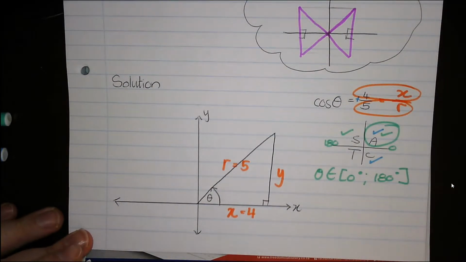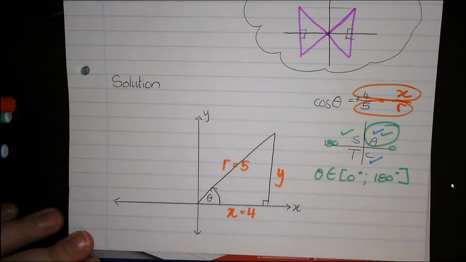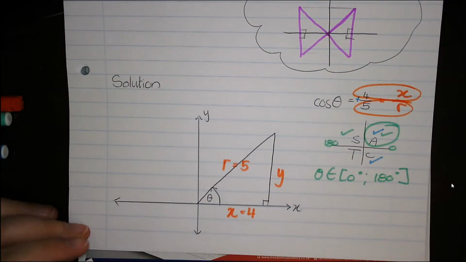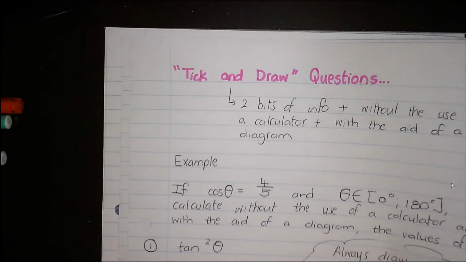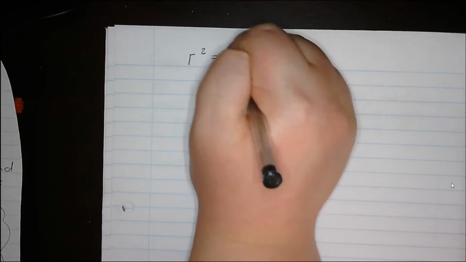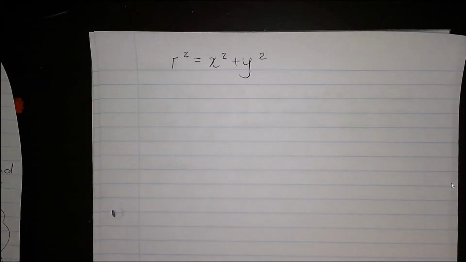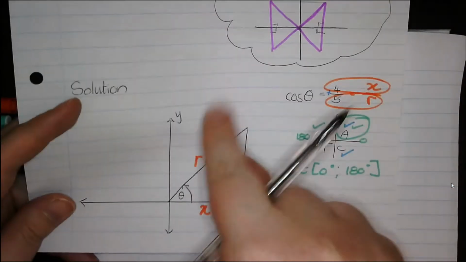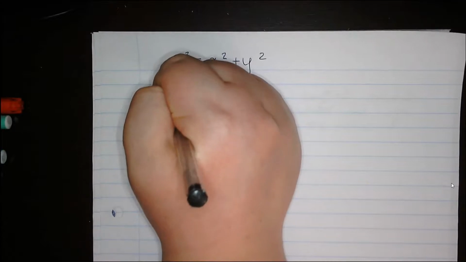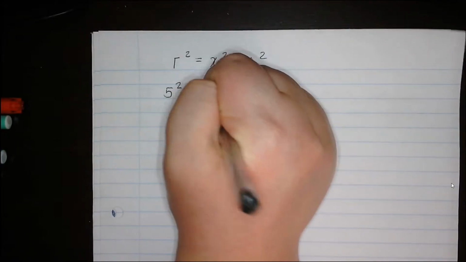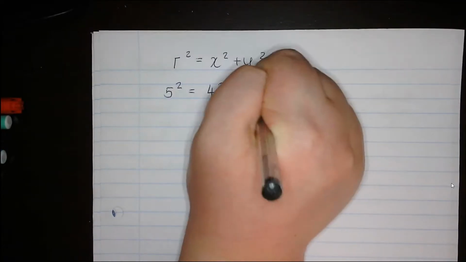Now we just want to work out y. If you don't know these questions very well, you might get stuck here. But remember, in the previous video, I told you that the theorem of Pythagoras applies to these triangles as well. This rule always applies. We said that r is 5 and x is 4, so I'm going to substitute that in: 5 squared equals 4 squared plus y squared.